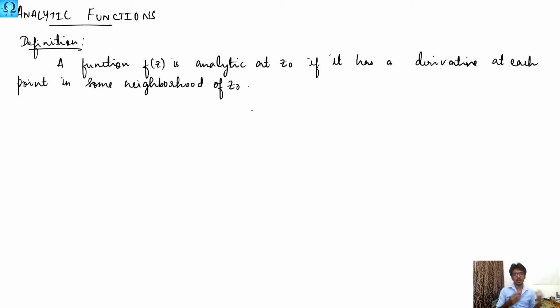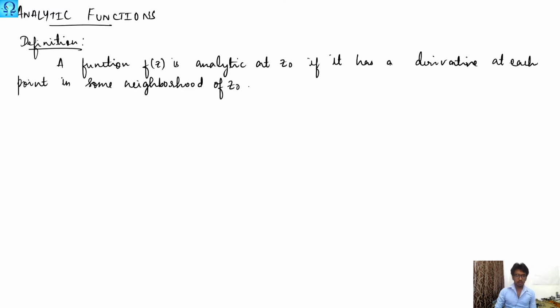What they are trying to say is that your function has to be differentiable at some point as well as at the neighborhood points. Here they are not saying that in all neighborhoods it has to be differentiable. If you are able to identify some neighborhood in which at all points the function is differentiable, then you may conclude that your function is analytic.